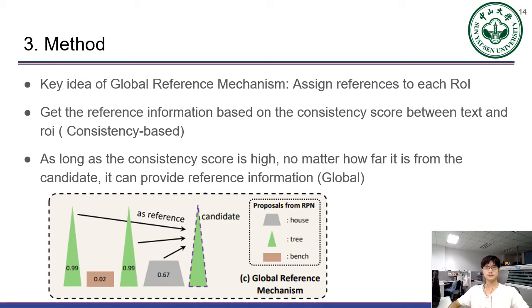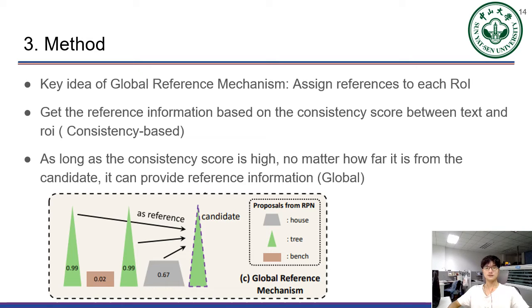The key idea of the global reference mechanism is to assign references to each ROI in a global manner. For example, when the candidate is the rightmost tree, the dotted triangle, it can get the reference information from all trees or other objects under the house.